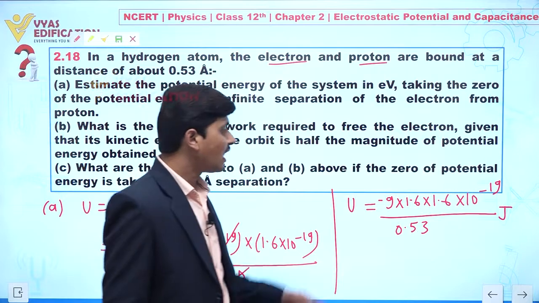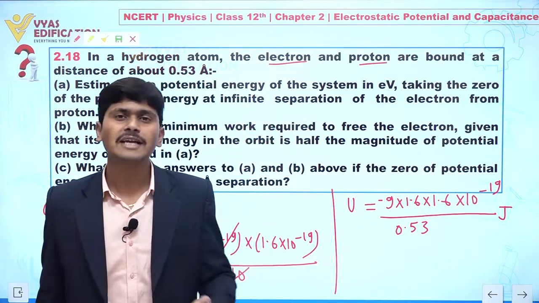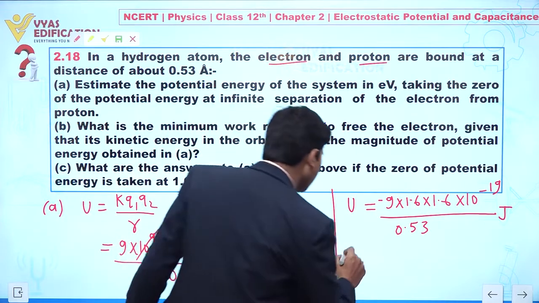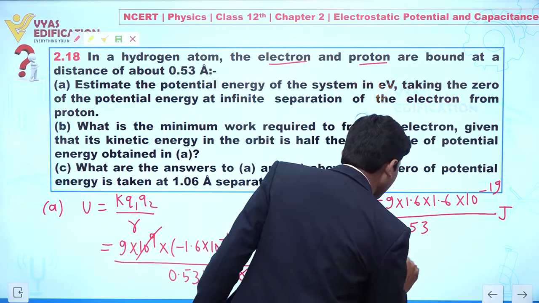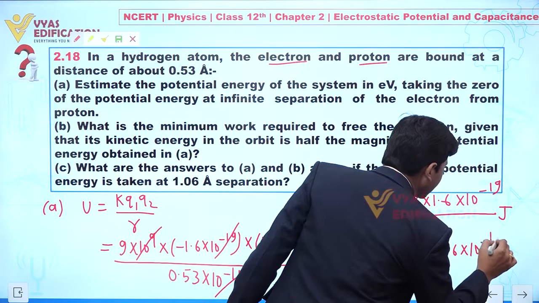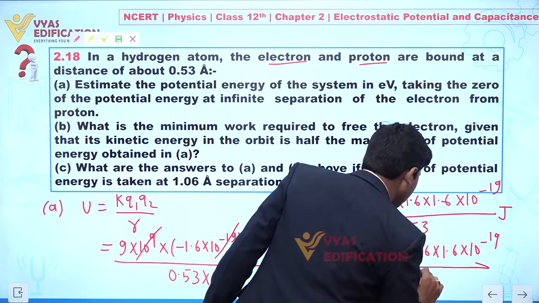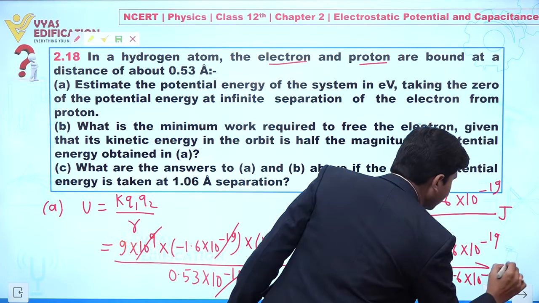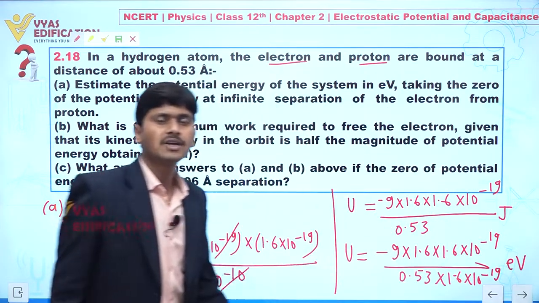But our objective in this question is to calculate the potential energy in electron volt. So how can we calculate? We have to divide this term by 1.6 into 10 to the power minus 19, and it will be converted into electron volt.